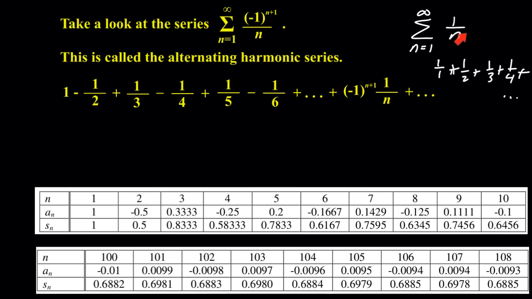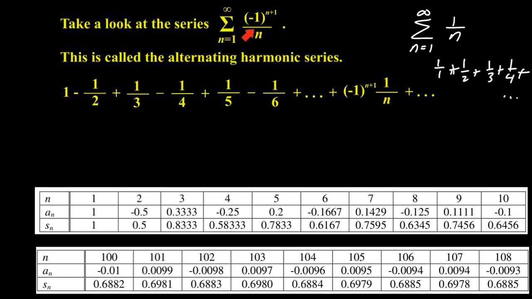Also, we think of this as a p-series, and in order to converge, your p-value, which is your exponent right here, has to be larger than 1. If it's equal to 1, it is called a harmonic series and diverges. Now, this one right here is very similar to this one, except your signs are going to alternate.